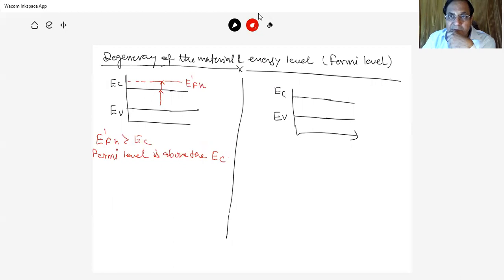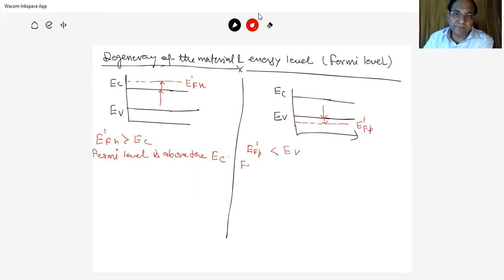Here, the Fermi level is lowering, and this is below the valence level, that is Ef' p. Ef' p is less than Ev.